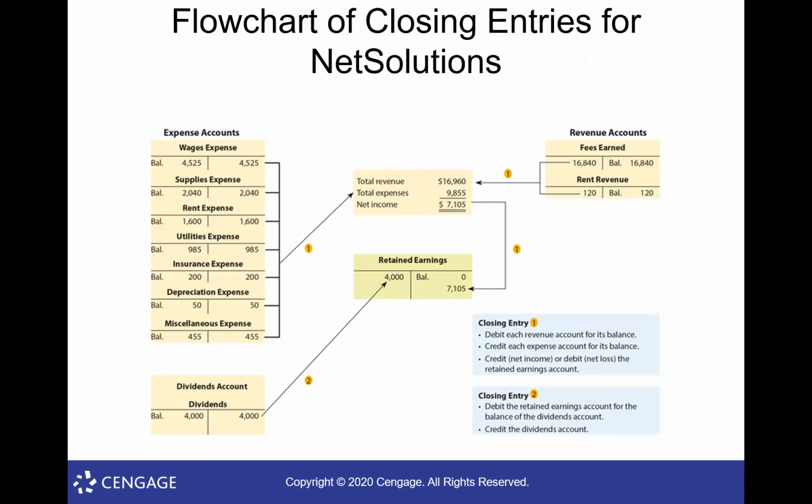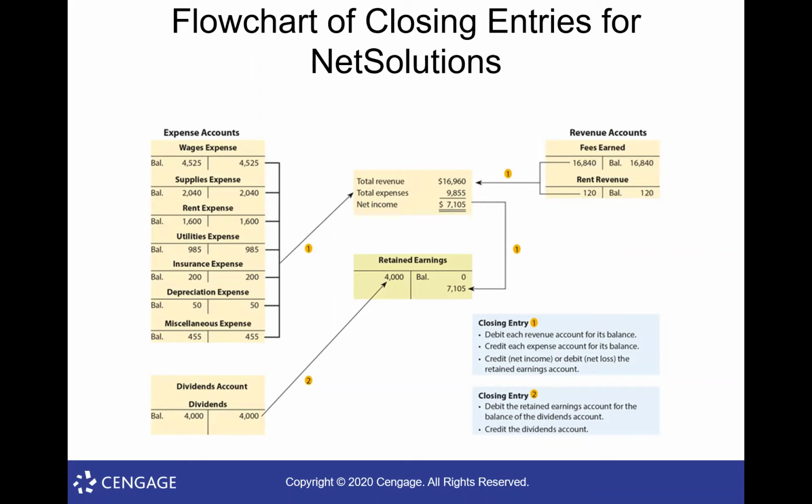The new balance of that account will be zero. Closed. Back to zero to start for a new period. Rent revenue, $120. So if we're debiting those accounts, we'll credit the income summary account $16,960. The new balance of the income summary account then will be $7,105.